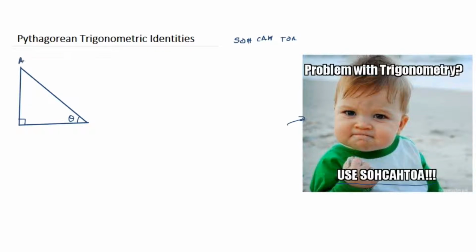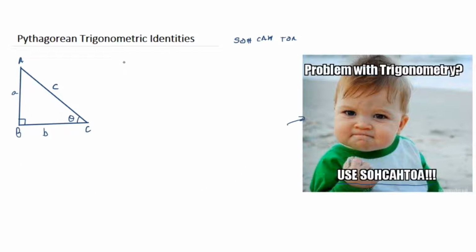Let me call this triangle ABC. So the triangle ABC is right angled at B, and let me give the traditional names given by Pythagoras to the side lengths. Let me call this A, this B, and this C. According to Pythagoras, C was always the hypotenuse, or always the longest side in a triangle.